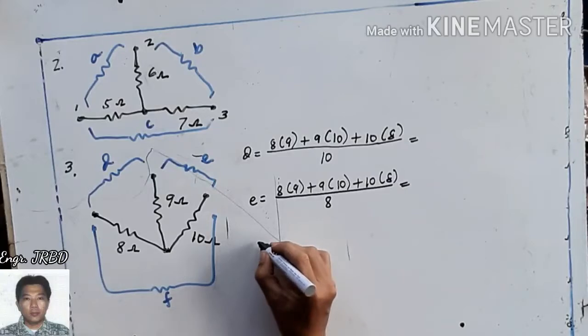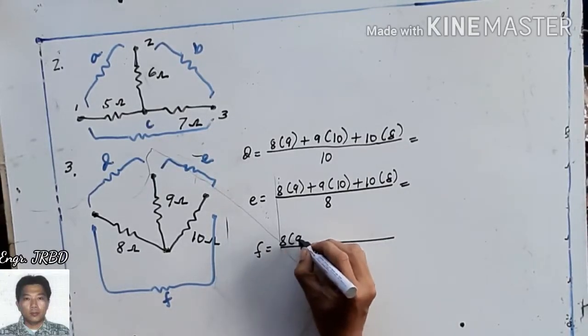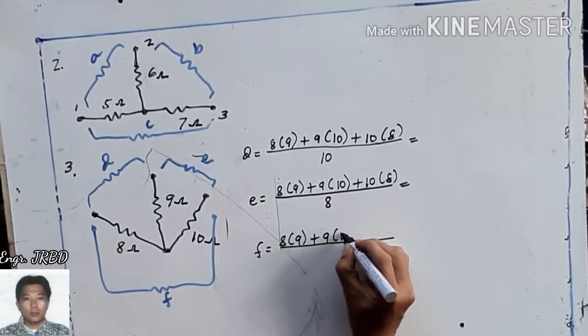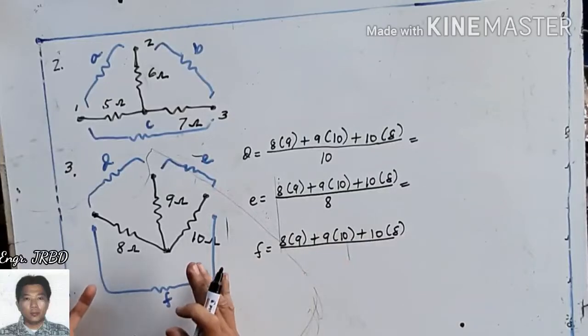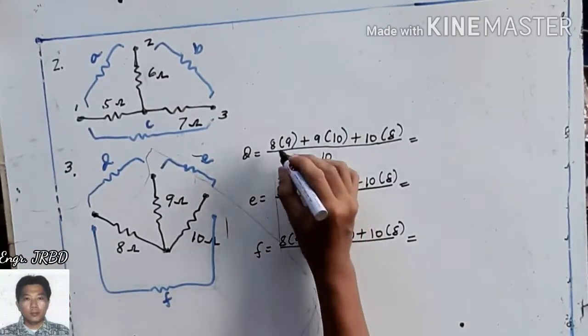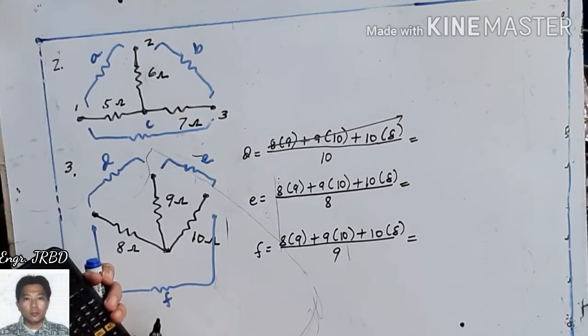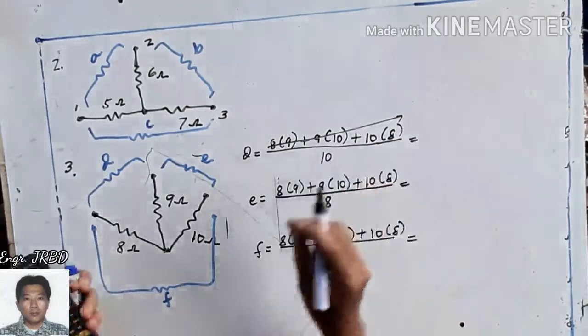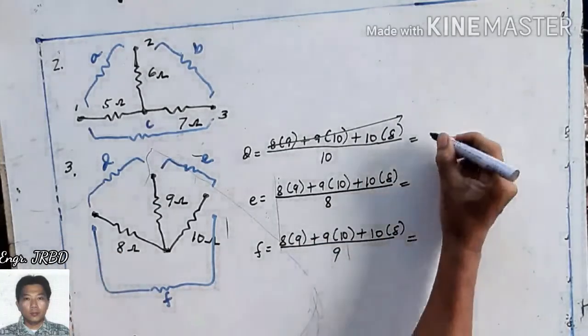And the last, that is your F. Same numerator, divided by the opposite leg, that is 9 ohms. Okay? The numerator is 72 plus 90 plus 80. That is 242 divided by 10 is 24.2.